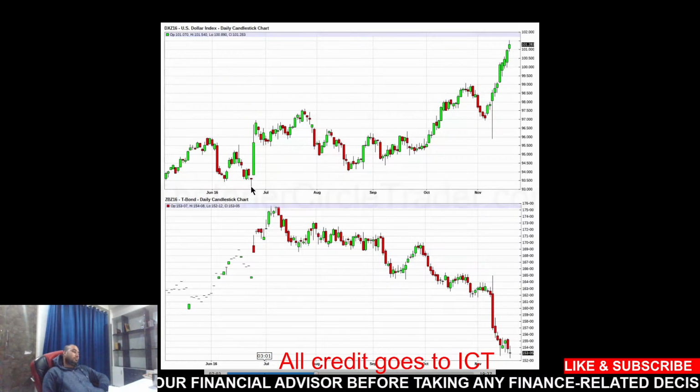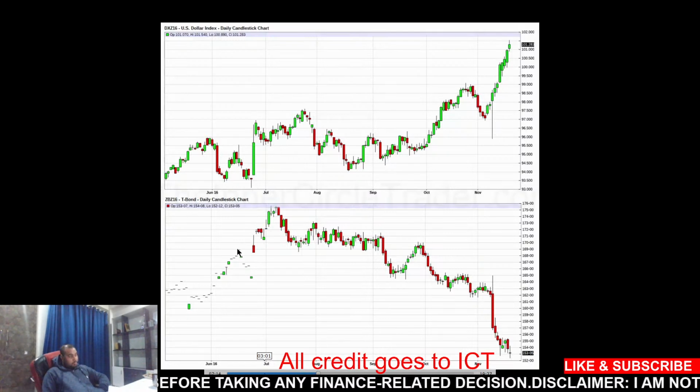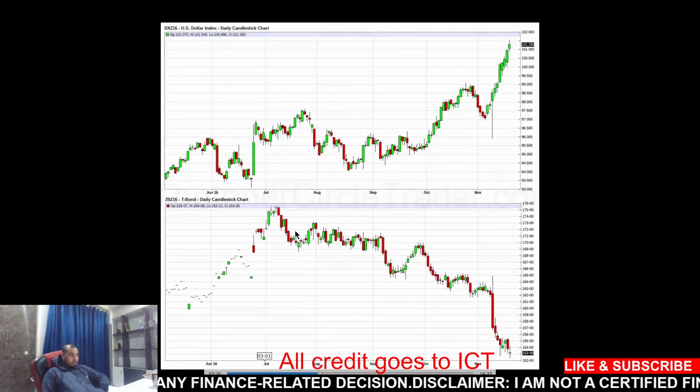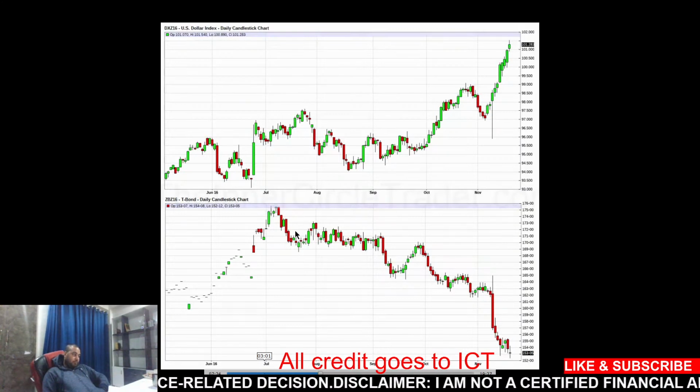In the last week of June, we have the dollar index making a low, and the market failed to make a lower low at the same time that the bond market was making a higher high. Now, in lesson 5 of this month's teaching, I taught you the SMT divergence relative to the dollar index and foreign currencies. That same idea is applied here but for an interest rate divergence.